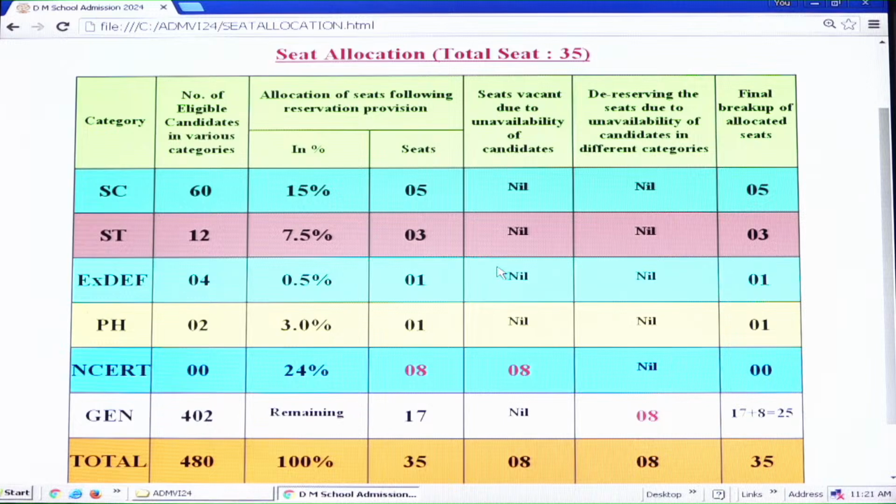So these seats will be diverted, and that will be going to general category by rule. So in the last column, the final breakup of allocated seats which are going to be selected category wise: in SC category there are 5, in ST there are 3, in ex-defense 1 candidate, in PH 1, NCRT nil, and in general 17 plus 8, 25, and total 35 candidates will be selected.